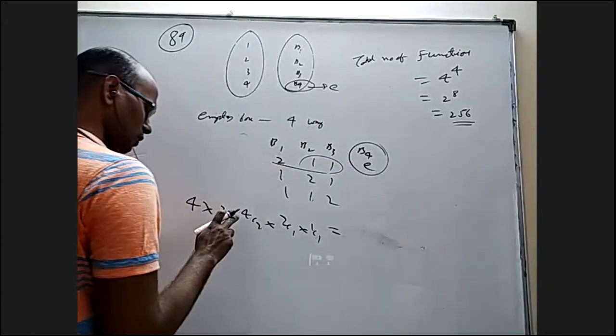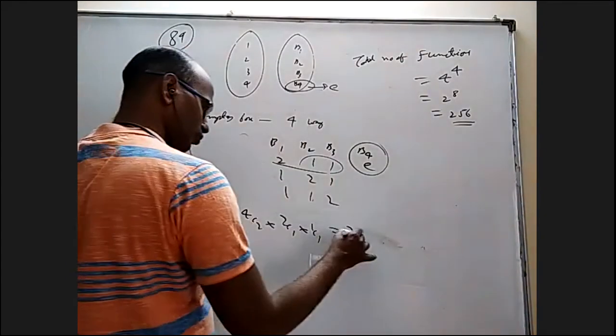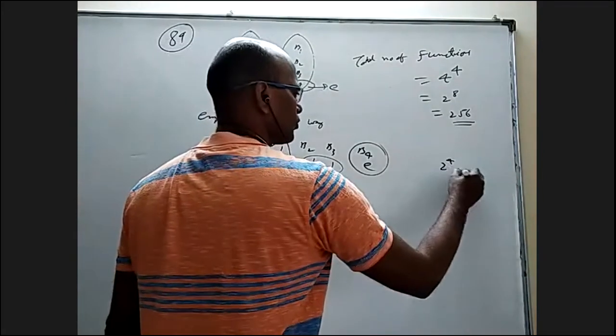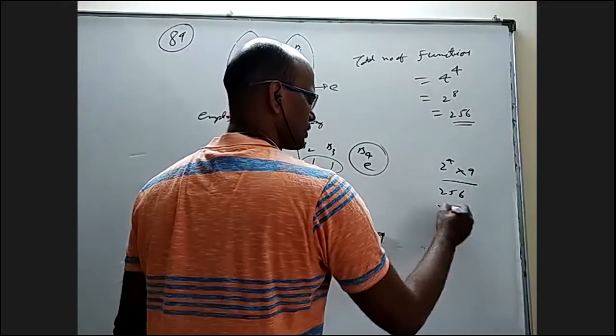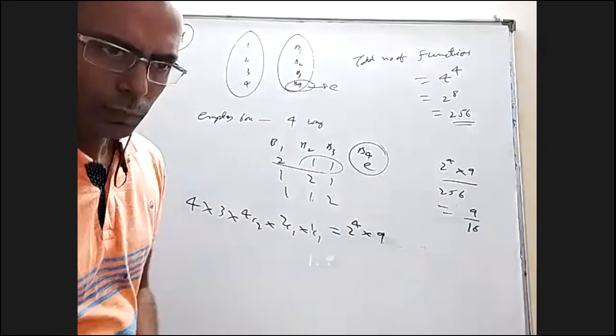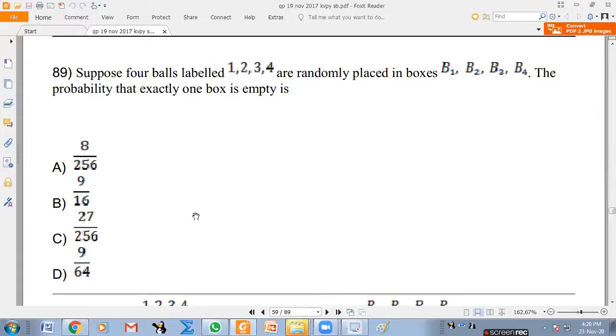And this is 6. There is a 2 here, 2 square. So 2 power 4. And this is 9. So 2 power 4 into 9 by 256 means 9 by 16. Any such answer is there? Yes, 9 by 16. If somebody can, see whether 89 is option B or not.